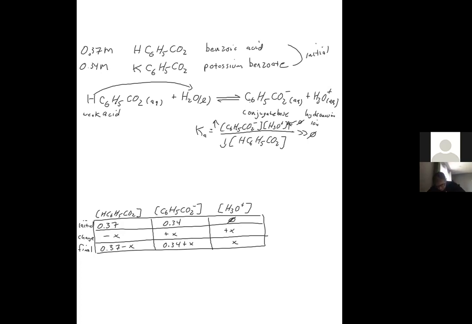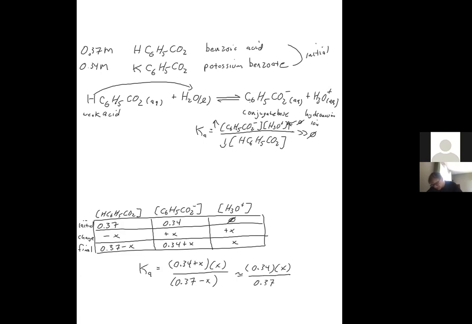So Ka would be 0.34 plus X times X over 0.37 minus X. Okay, in general, this can be approximated to just 0.34 times X over 0.37.